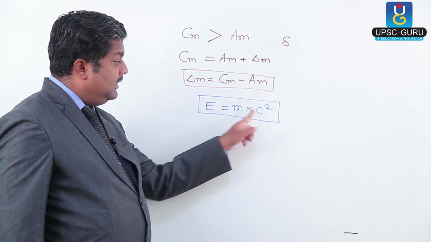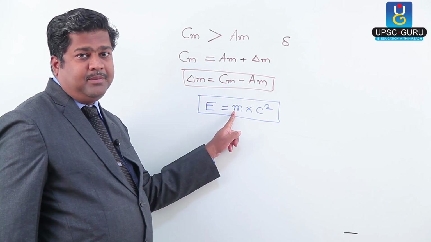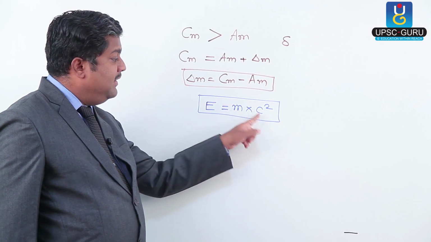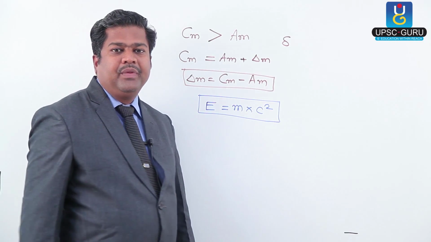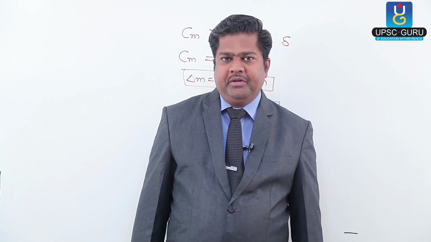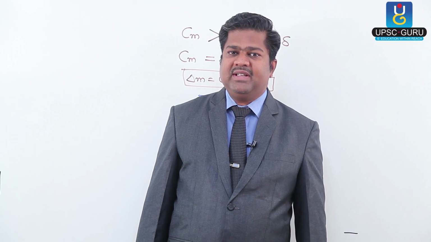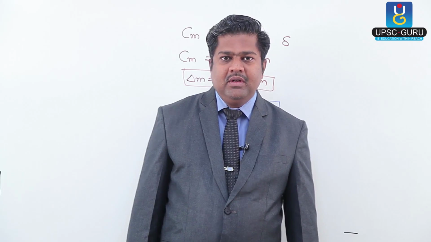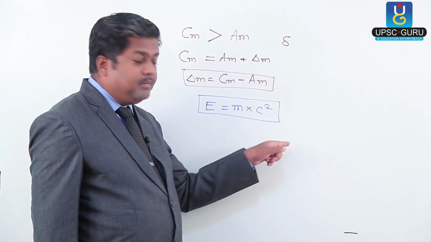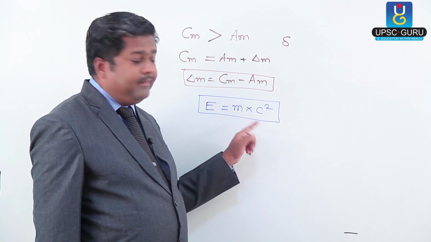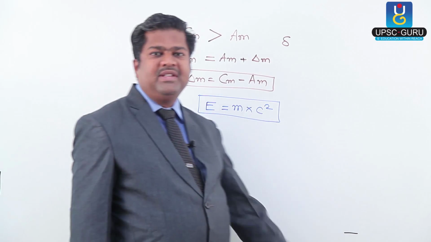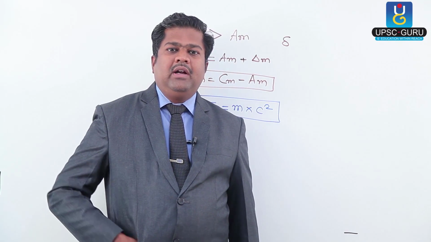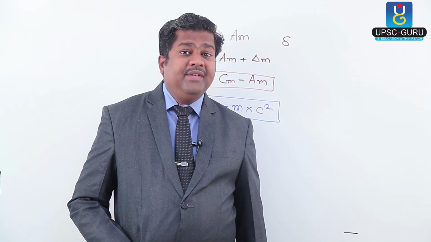Mass, suppose I am giving in terms of kilogram, then c, that is the velocity of light, should be in terms of meters per second, meter per second in brackets, entire square, because it is c square. You are aware that the velocity of light is very, very high.